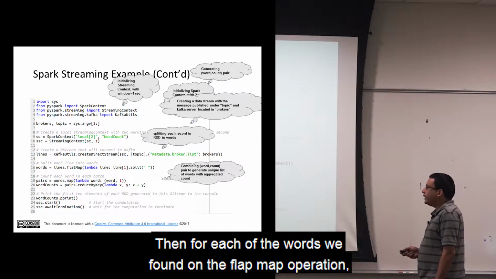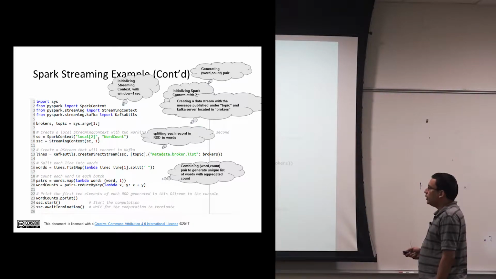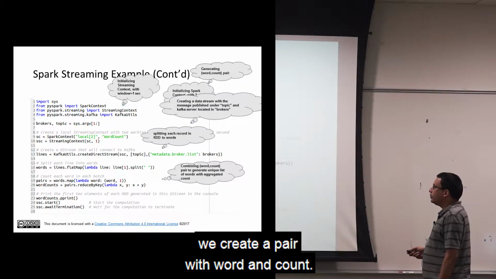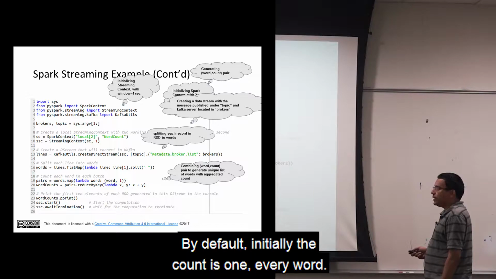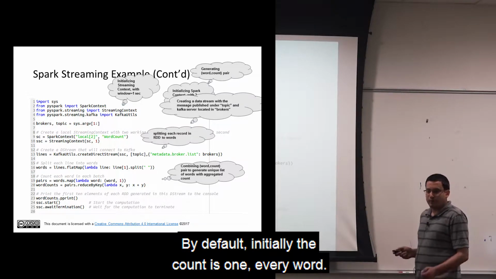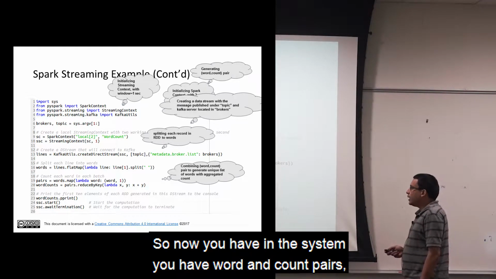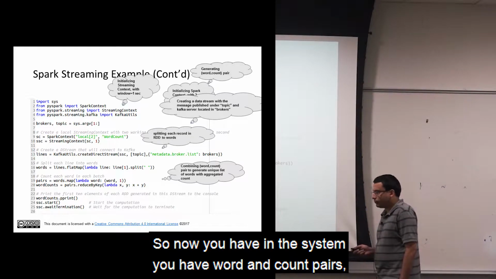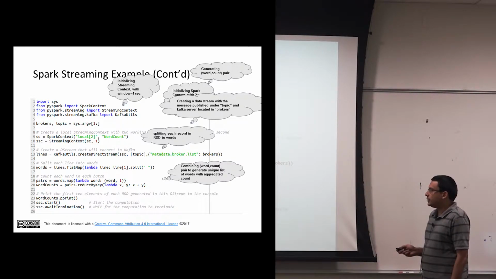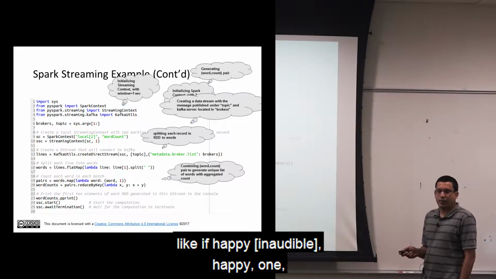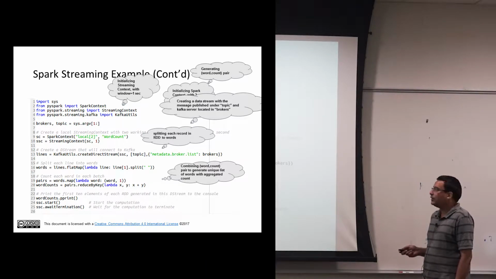Then for each of the words we found in the flat map operation, we create a pair with word and count. By default, initially the count is 1 for every word. So now you have in the system word and count pairs, like if happy comes in a document, it will be happy, 1.